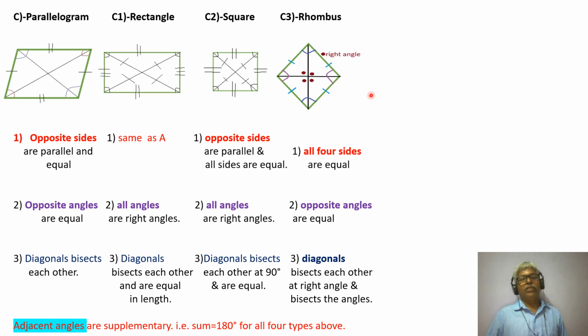This is applicable to all four figures, all four types of these quadrilaterals or parallelograms. So I have given it in common that adjacent angles are supplementary, that is, the sum is 180 for all four types of parallelogram.